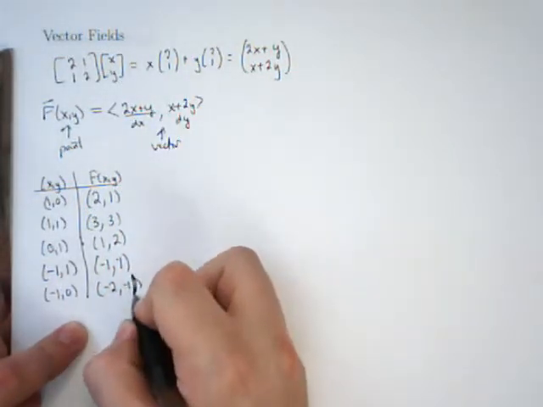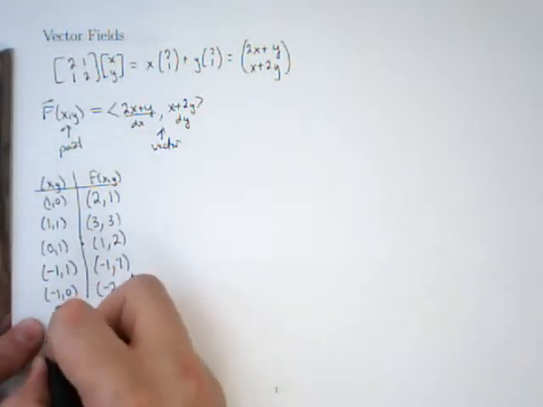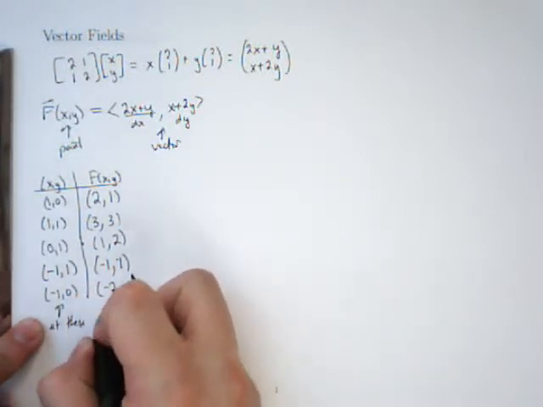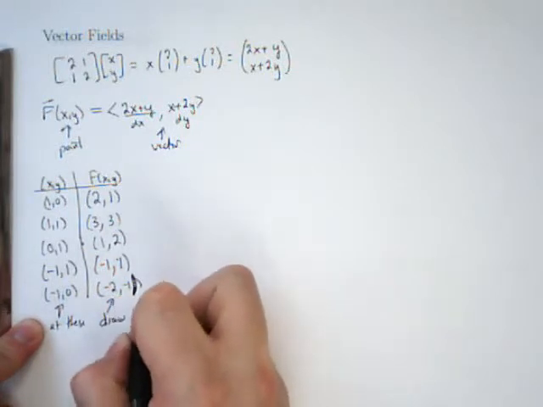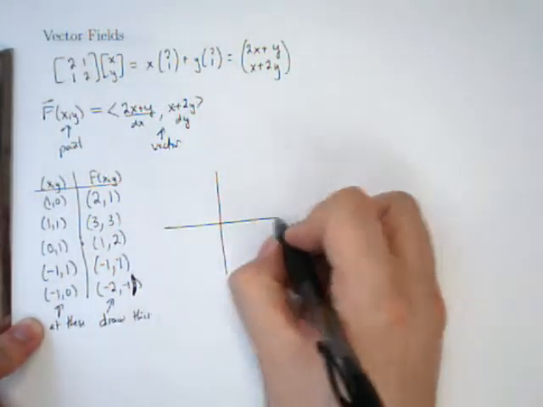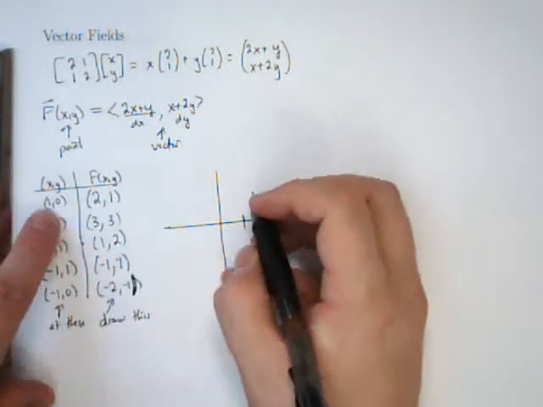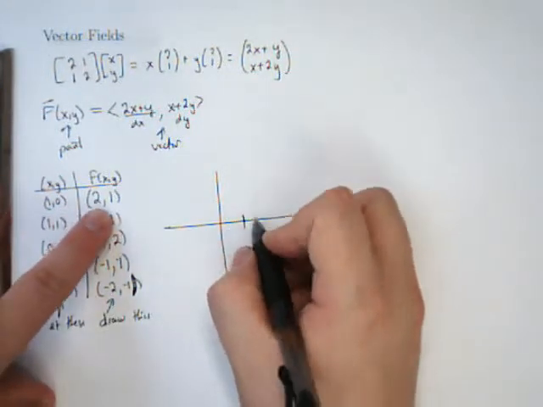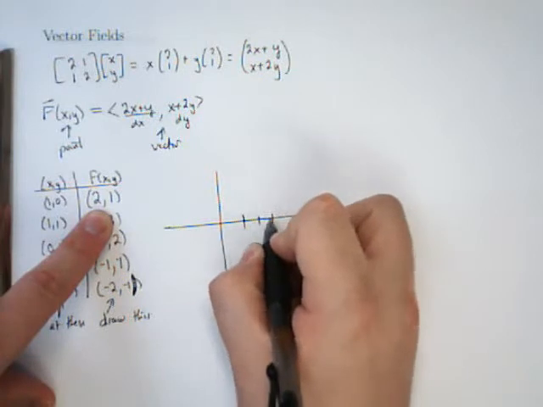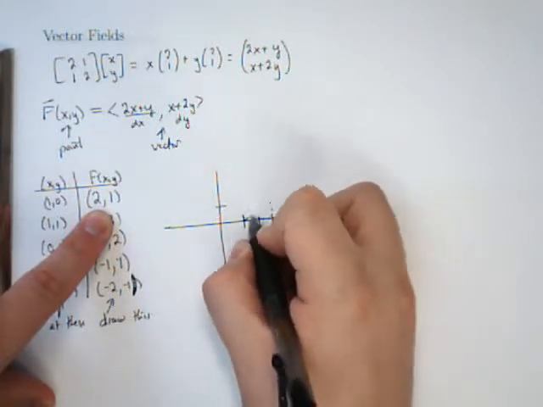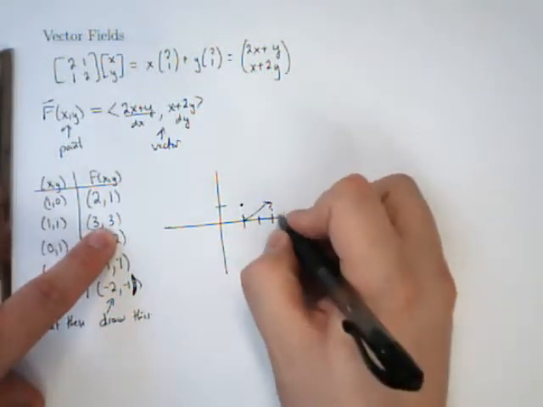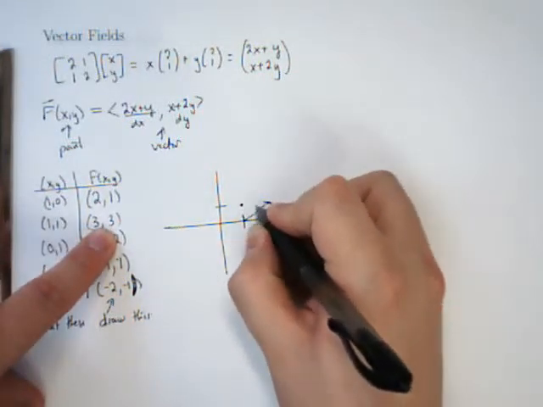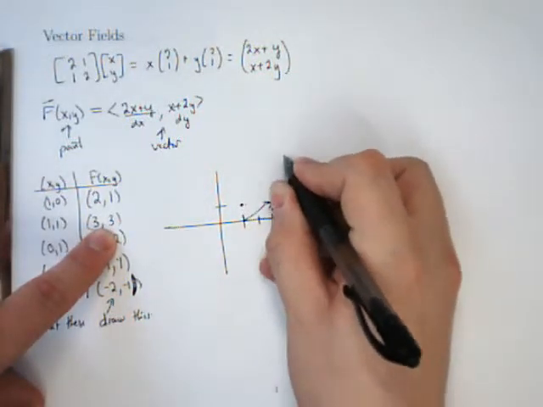All right, so the idea is to draw these vectors. At the point (1, 0), we're going to draw a vector which goes right 2, up 1. At the point (1, 1), I'm going to draw a vector which goes right 3, up 3.